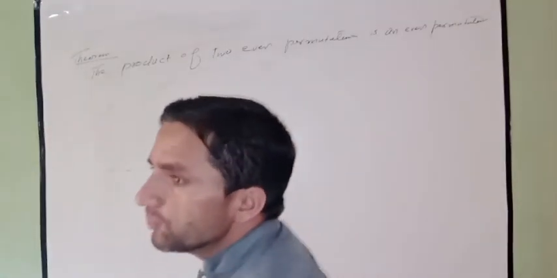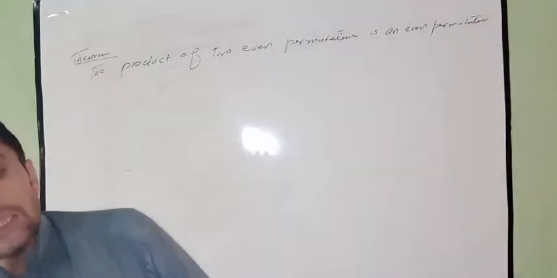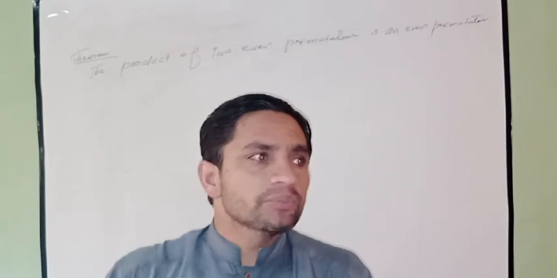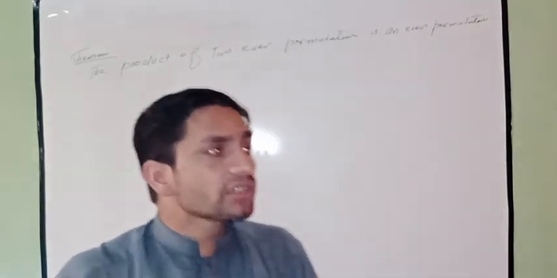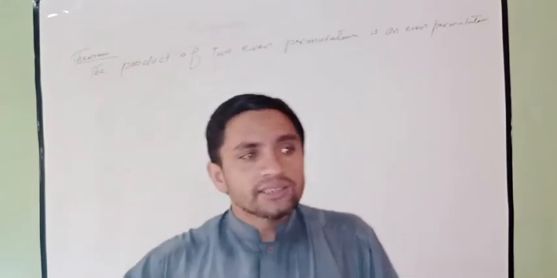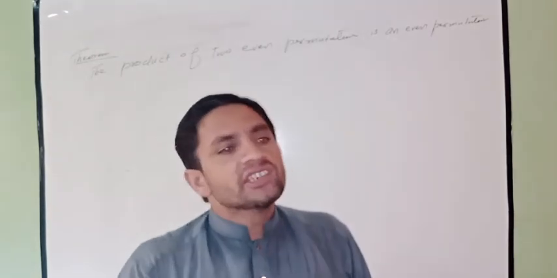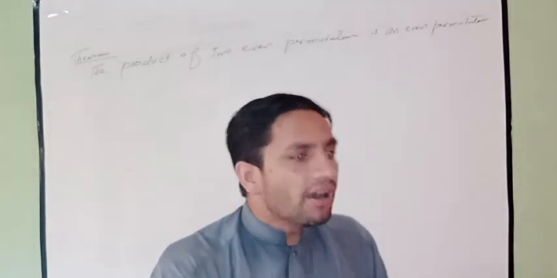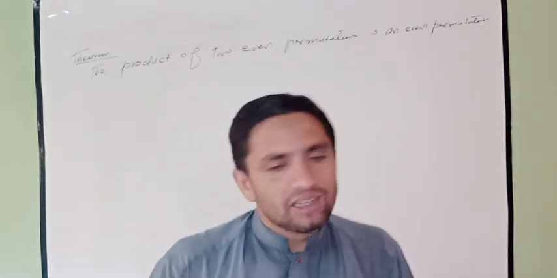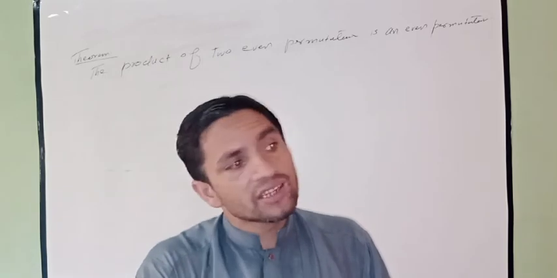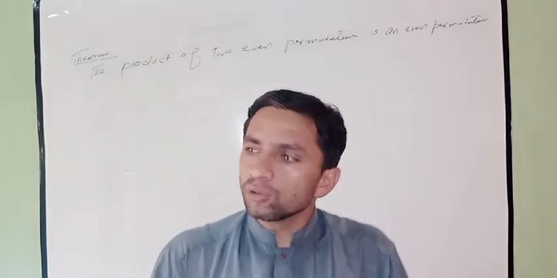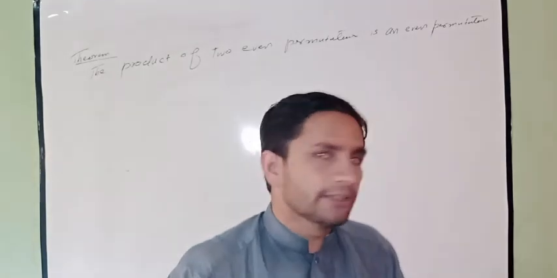So our question is, the product of two even permutations is an even permutation, and in the second one, the product of two odd permutations is also an even permutation, and the third one is, if one permutation is even and the other one is odd, then the product of them is an odd permutation. If one is even, the other is odd, then the answer is odd. Both are even, then the answer is even, and both are odd, then again the answer is even.